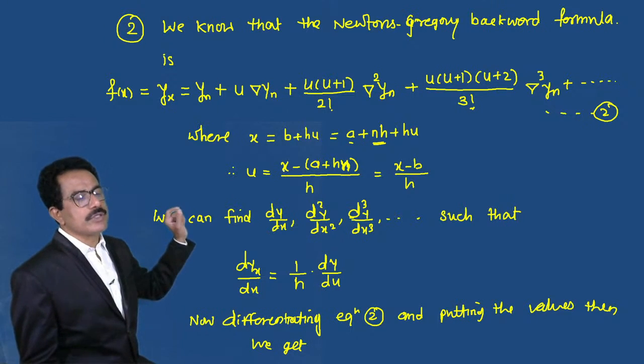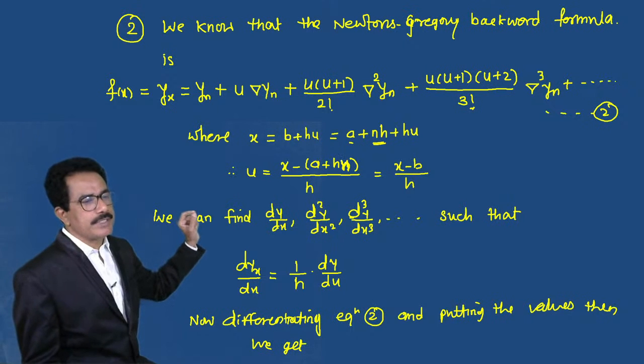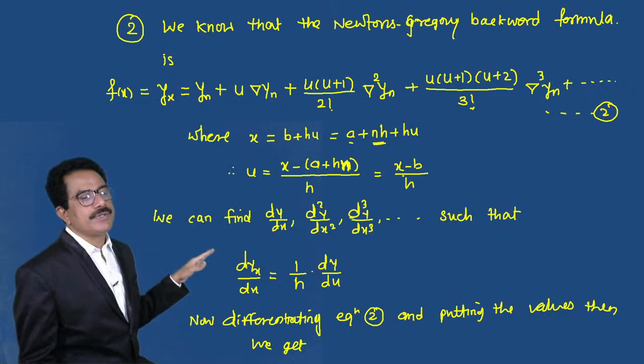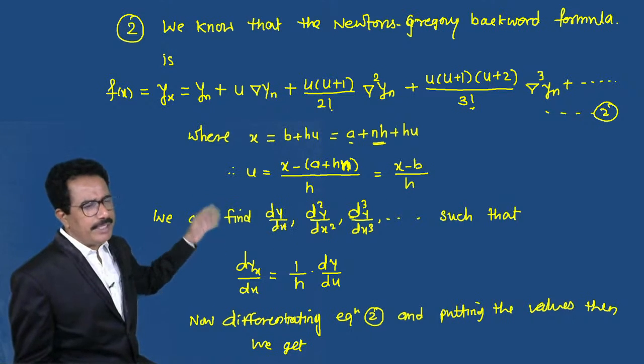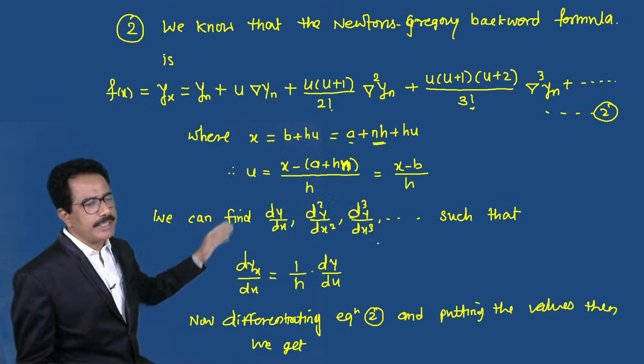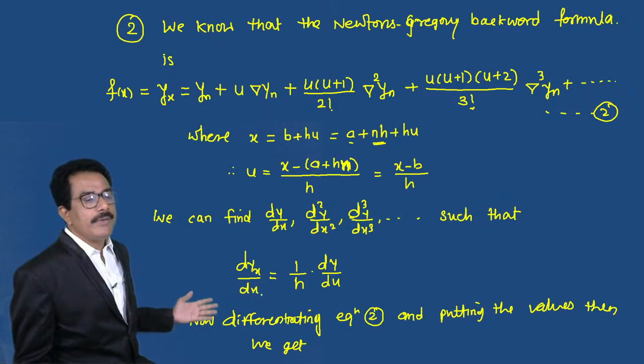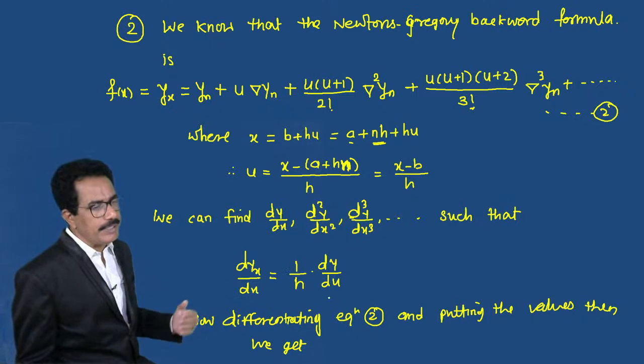So u is equals to x minus a plus nh divided by h, or x minus b divided by h. We can find similarly dy by dx, d2y by dx square, d3y by dx cube, dy by dx means 1 upon h into dy by du.